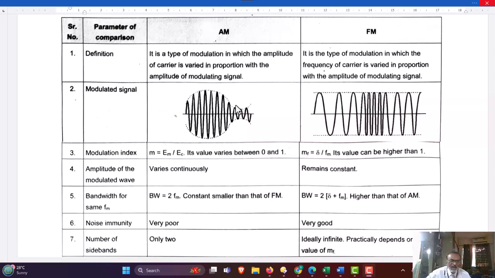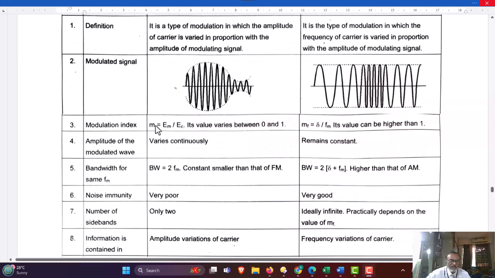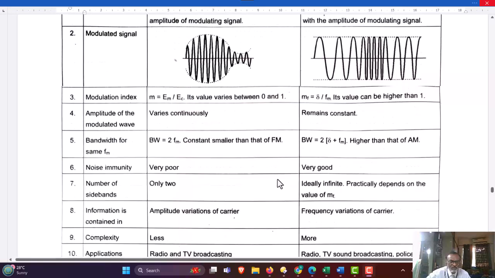The graph of the amplitude modulated signal is shown here and the graph of the frequency modulated signal is shown under FM. That is one comparison point. The modulation index equations are shown as a comparison point. The amplitude of an amplitude modulated signal is continuously varied, whereas the amplitude of a frequency modulated signal remains constant.